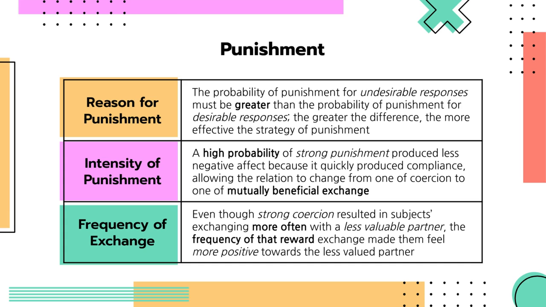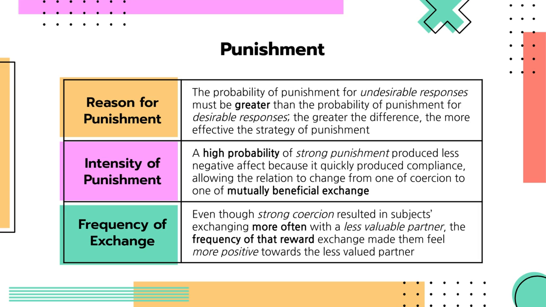Some other things that they found is that punishment that was both strong and consistent produced the highest frequency of reward exchange and the least negative affect toward the partner. So that means that punishment that was strong, so very clear, strong punishment, and consistent in terms of its frequency and its application, produced the highest frequency of reward exchange and the least negative affect towards the partner.